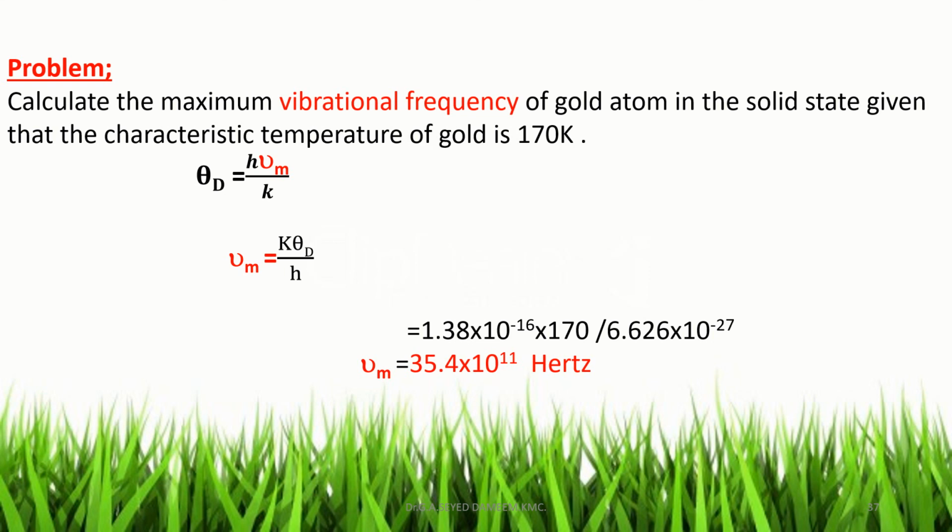We know theta D is equal to h nu m by k, where h is Planck's constant, k is the Boltzmann constant, and nu m is the maximum vibrational frequency. So nu m is equal to k theta D divided by h, and substituting the values of the Boltzmann constant, characteristic temperature, and Planck's constant, we can simply calculate the value of nu m.